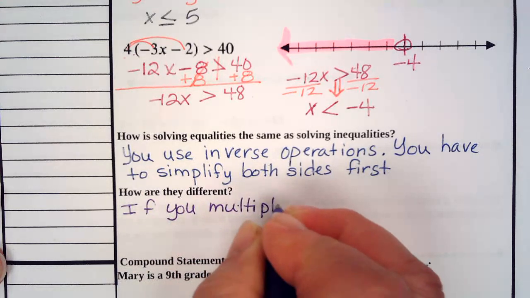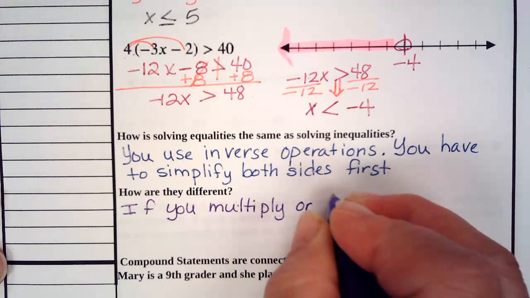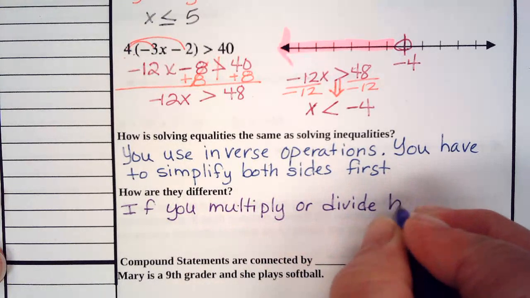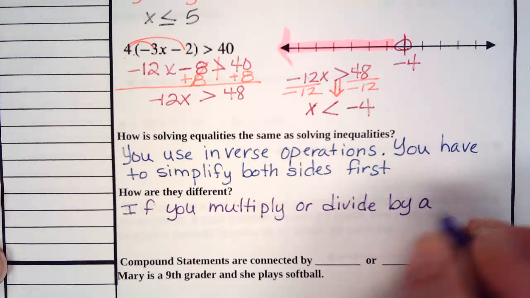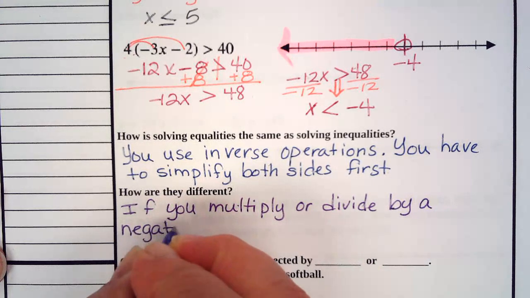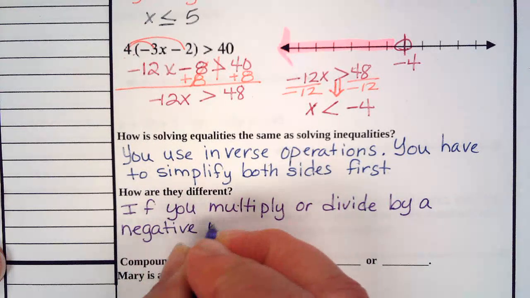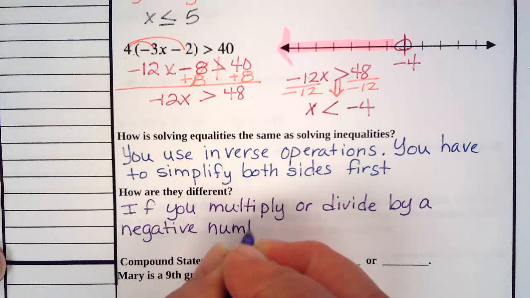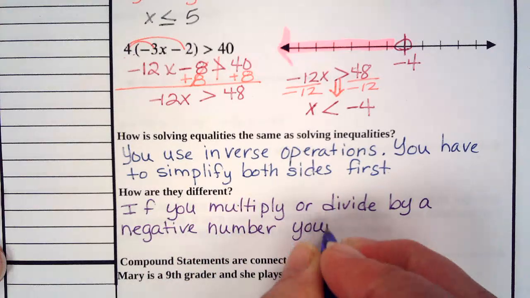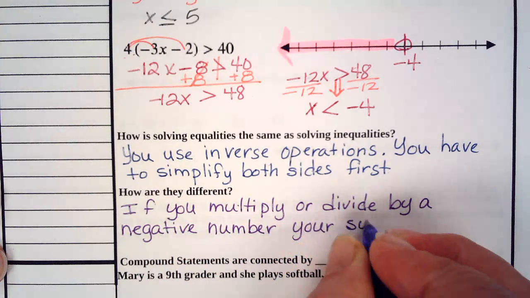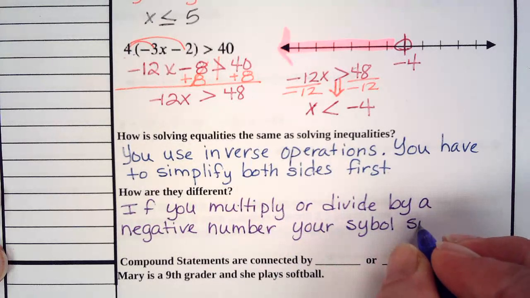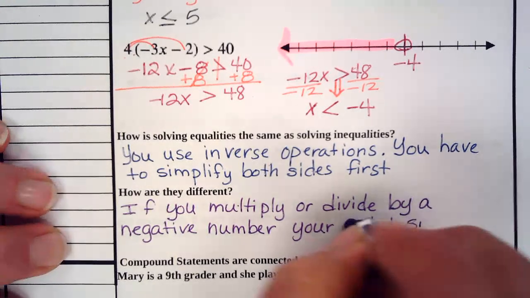If you multiply or divide by a negative number, your symbol switches.